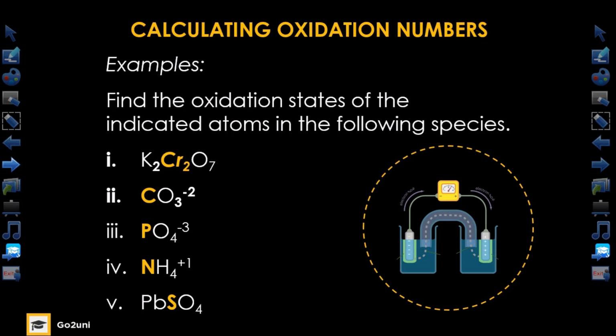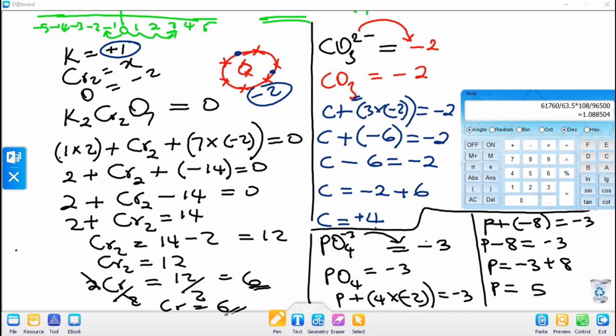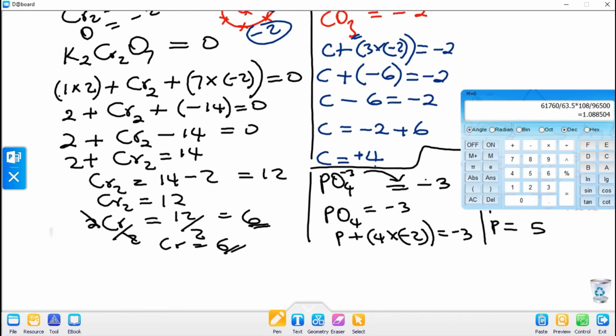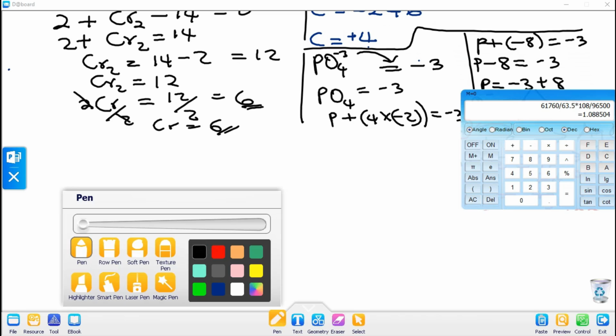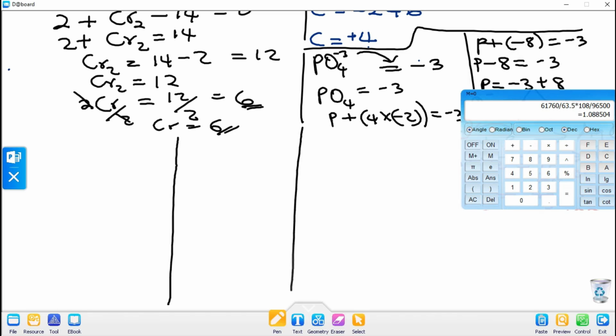The fourth one is nitrogen. We are asked to determine the oxidation number of nitrogen in ammonium ion. Ammonium is a radical. Ammonium ion, NH4 raised to power plus 1. To do that, the same way we have been doing, this is ammonium ion plus 1, or we just say plus.